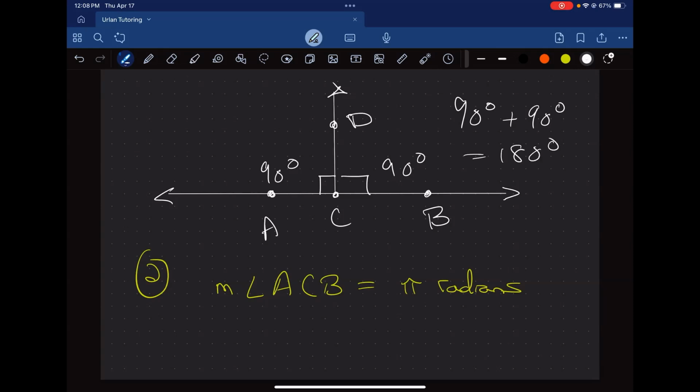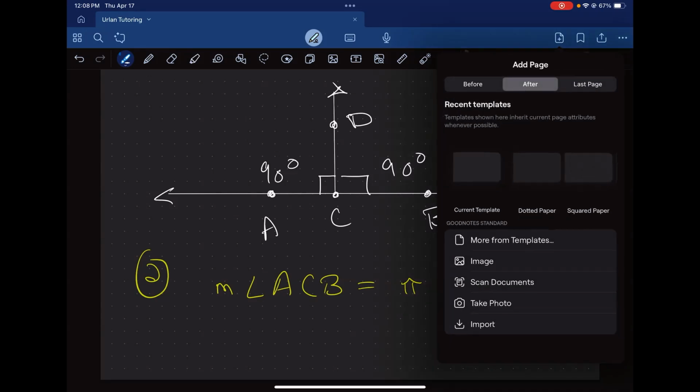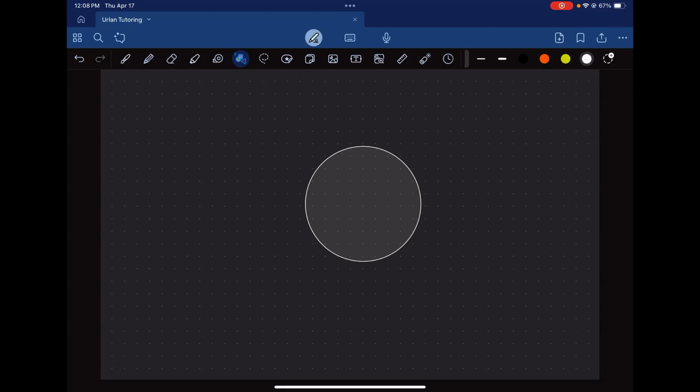Now, what I have here are measured in radians instead. So what's a radian? If I was going to take a circle, the radius of the circle is half of the diameter, or halfway across the circle, half of the longest line segment across the circle: the diameter over 2, the radius is equal to half the diameter. From the exact center of the circle to the edge of the circle, I have the radius r.